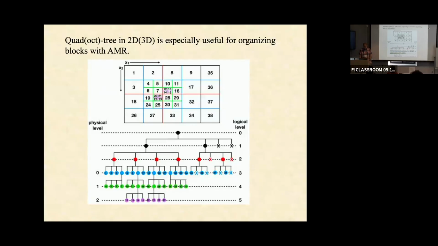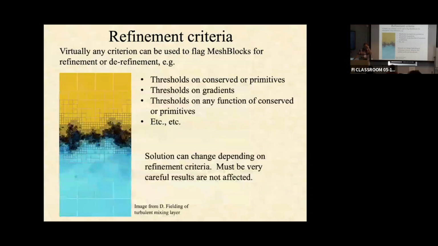Okay, the last couple of things about AMR is criteria. Basically, you can use whatever aspect of the solution or problem you're studying that's important to you as a refinement criterion. How do you decide which blocks to refine and which ones you don't refine? That's completely up to the user. You can use thresholds on the conserved or primitive variables: densities above some value, densities below some value, then refine.